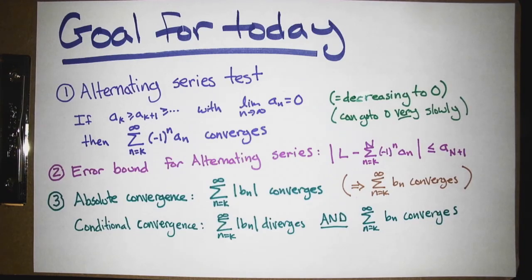That's a very strong type of convergence. We prefer absolute convergence. Conditional convergence says the sum converges, but if I take the absolute value of the terms and add those up, they diverge. So somehow I need the negatives in place. I can't just add up the terms positive.